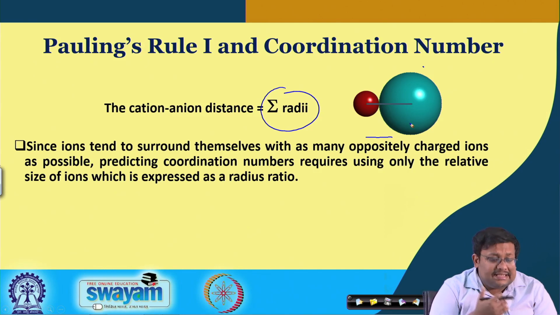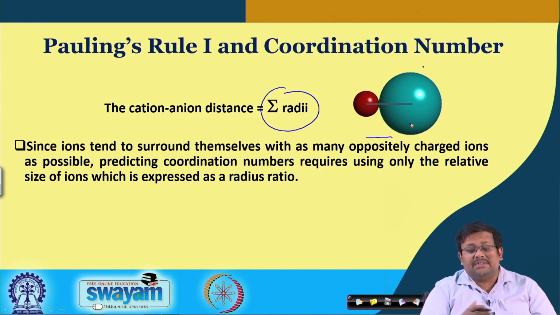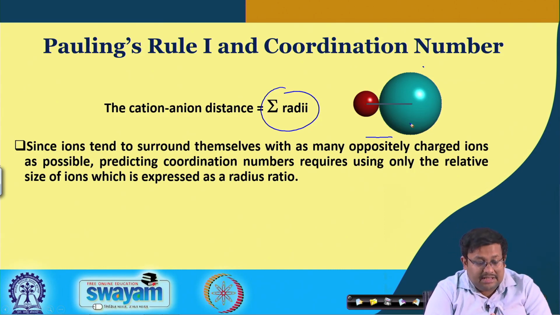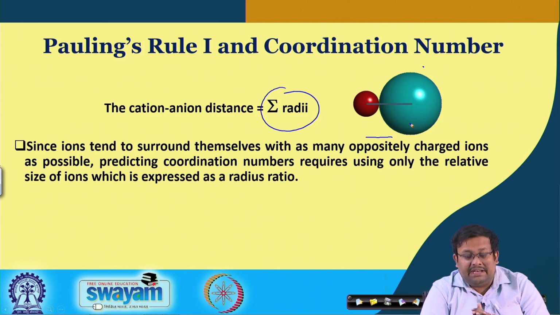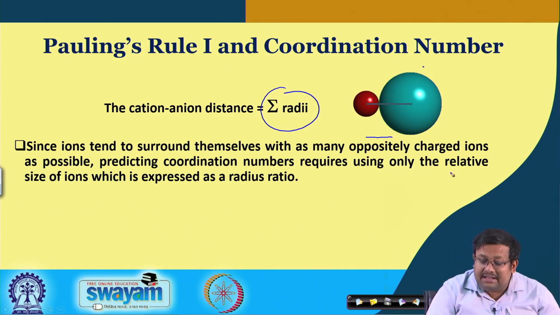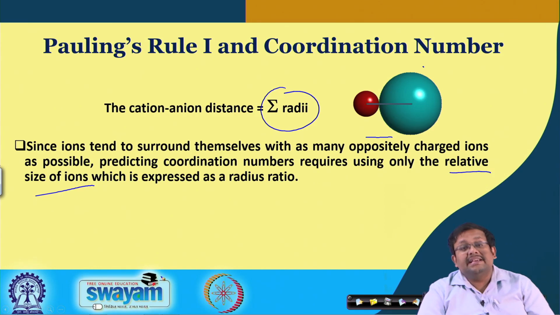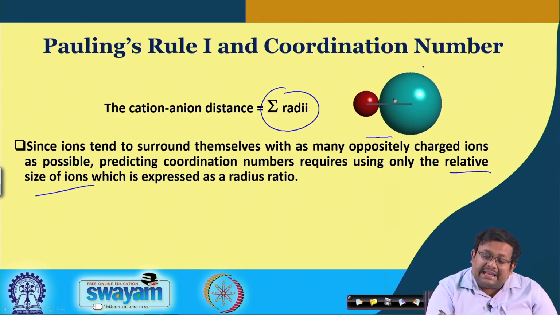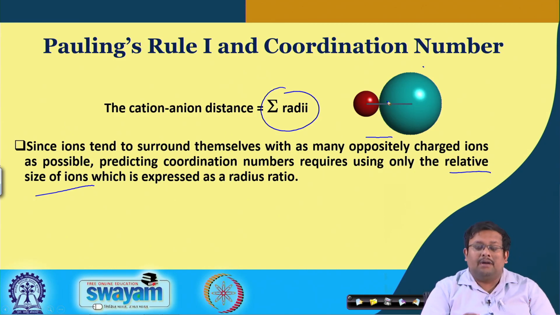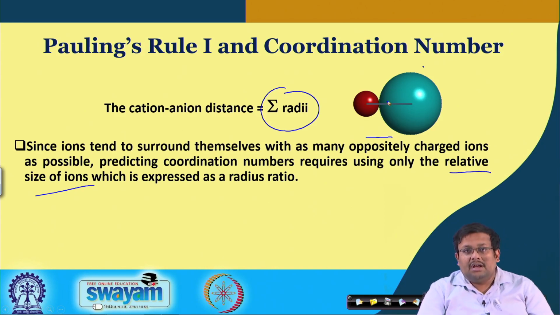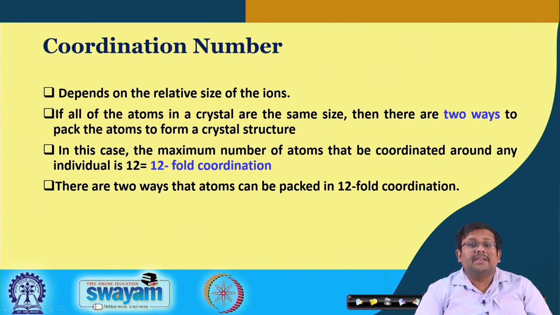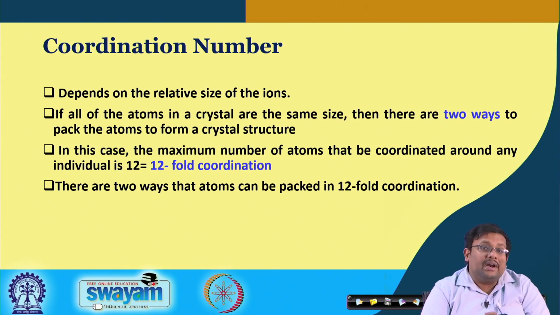Now, remember that since ions tend to surround themselves with as many oppositely charged ions as possible, predicting coordination number requires using only the relative size of ions, which is expressed as a radius ratio. So, the radii of these cations and anions are very important while determining the coordination number. How? We will see now. So, again let us come back to coordination number.